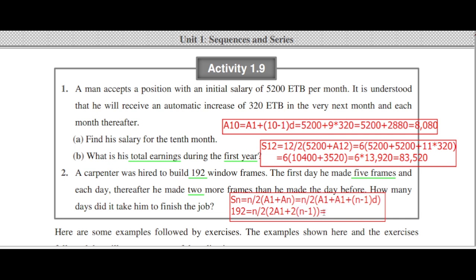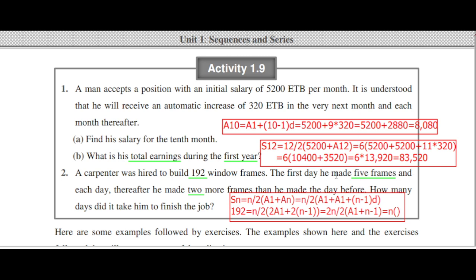Now let's simplify this again. We can take common 2 out. After factorizing 2 here we have 2n over 2 in bracket a1 plus n minus 1. Let's simplify 2 by 2. So we have n times a1 plus n minus 1.